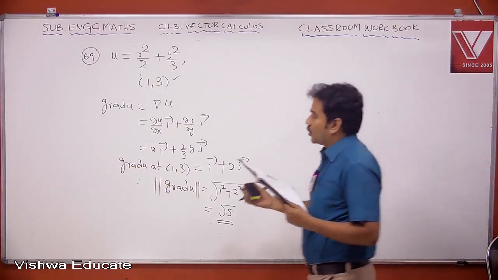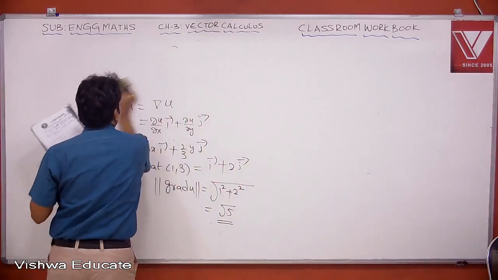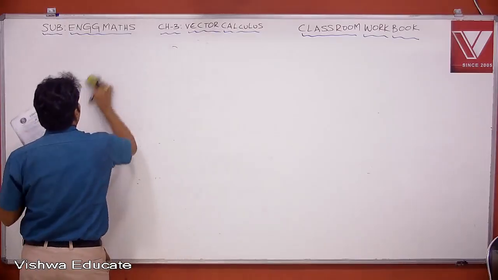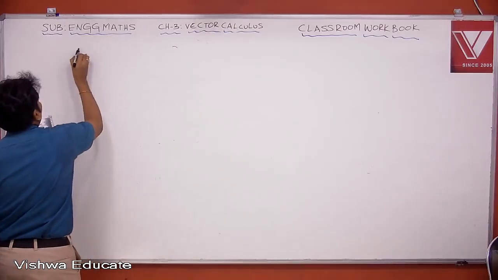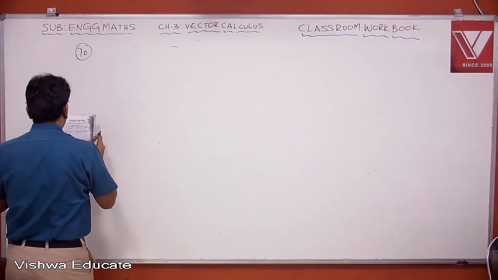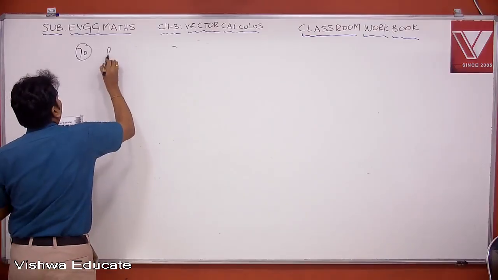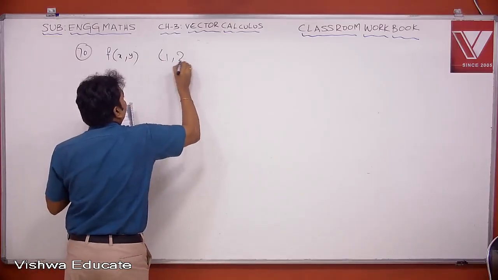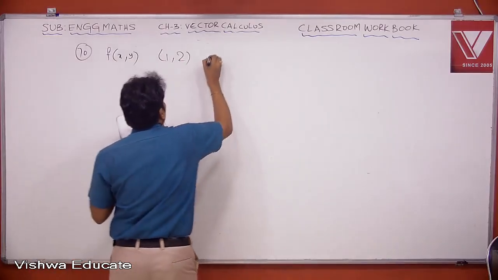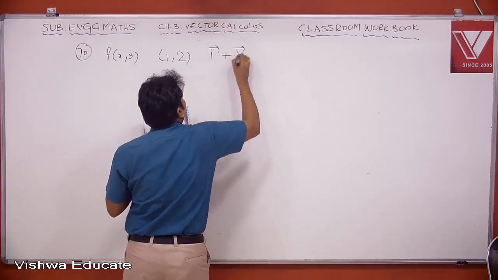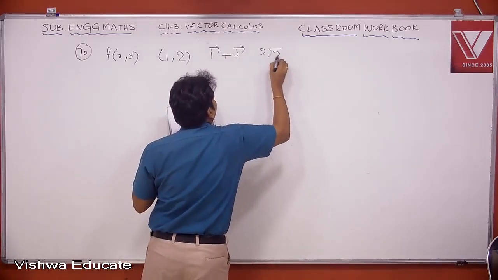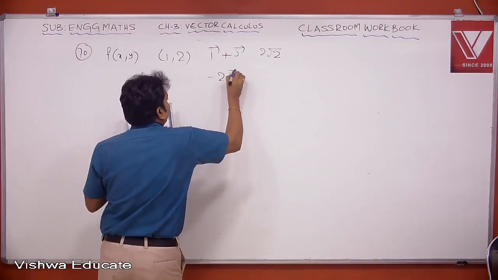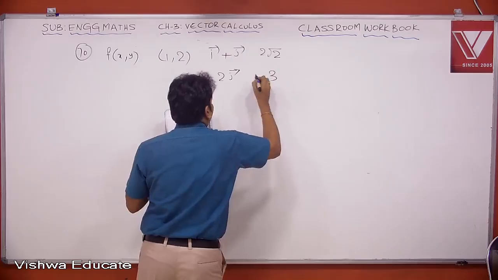Next question, question number 70. The derivative of f of x, y at the point (1, 2) in the direction of the vector i bar plus j bar is 2 root 2, and in the direction of the vector minus 2j bar is minus 3.